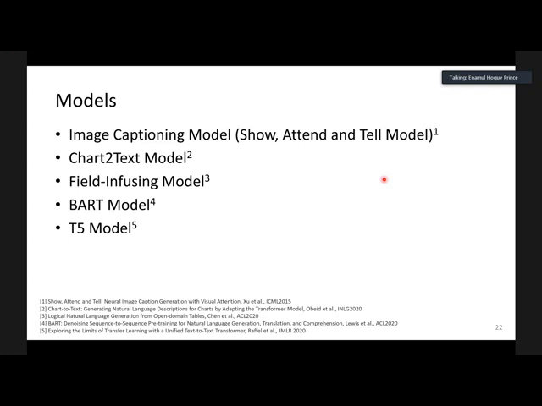Basically, BART and T5 are again transformer-based models which are pre-trained on a huge amount of corpora. We found them to be quite effective in other text generation tasks, so we used them.